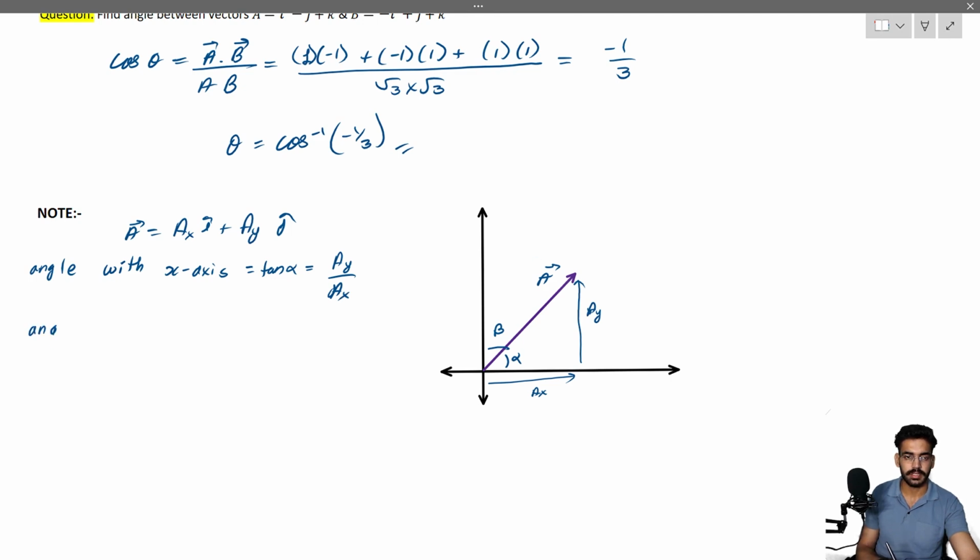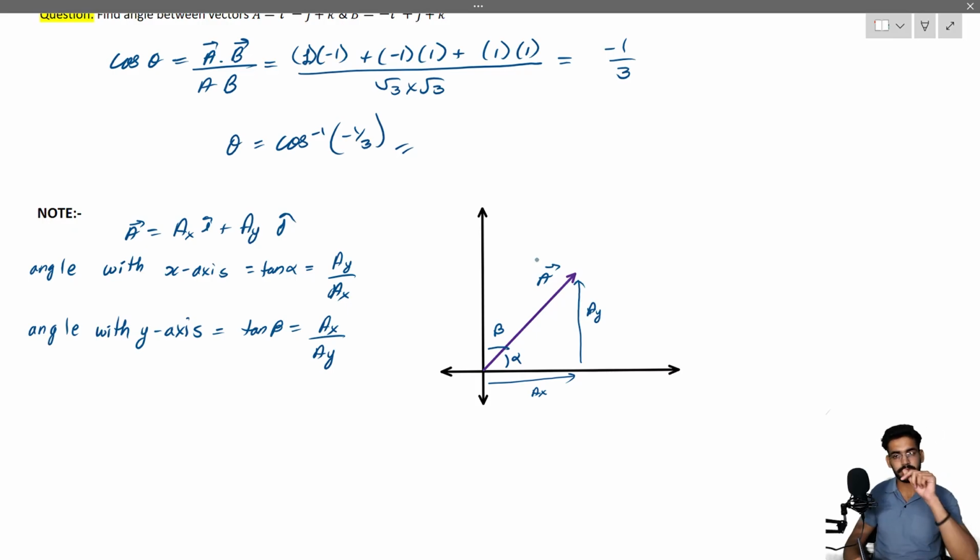And angle with y-axis, I can write tan beta. Tan beta is what? ax by ay, right? And with z-axis coming out of the plane, right? Out of the plane. So with z-axis, what is the angle it is making?